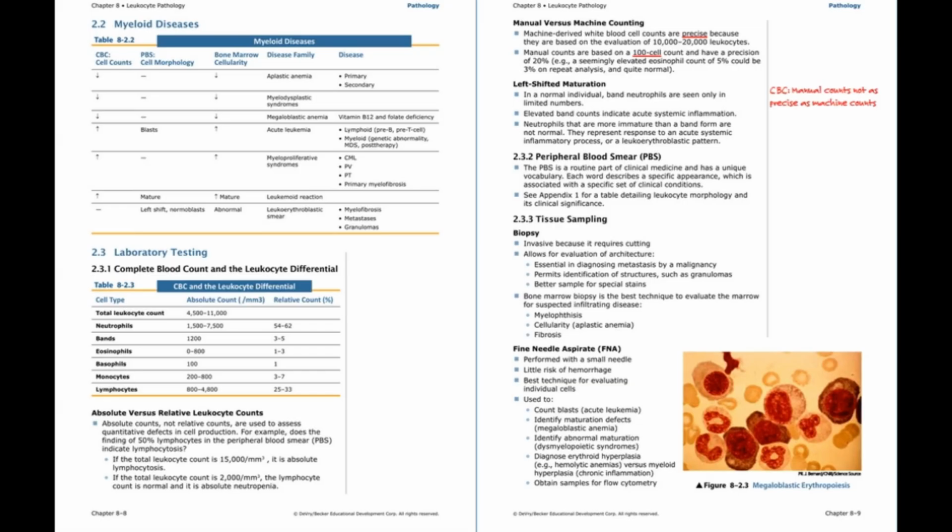The next idea to pay attention to is this idea of left-shifted maturation. This term comes from a historical legacy of how we used to do white cell counts. When you were doing a manual count, you used to have a machine counter with little buttons for the types of cells. And the counting machine was done on the left hand so that you could manipulate the microscope with the right hand.